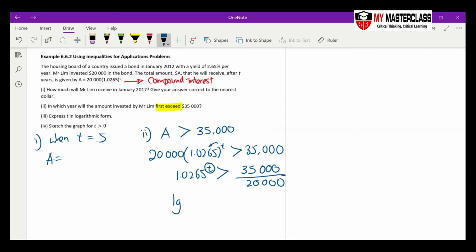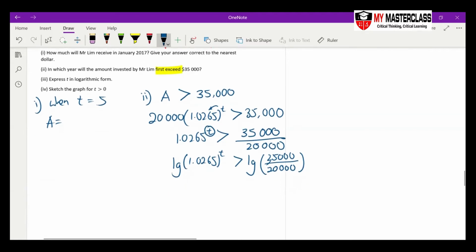So log 1.0265 to the power of t must be greater than log 35,000. In this question it is still okay because t is greater than log of 35,000 over 20,000, over log 1.0265.